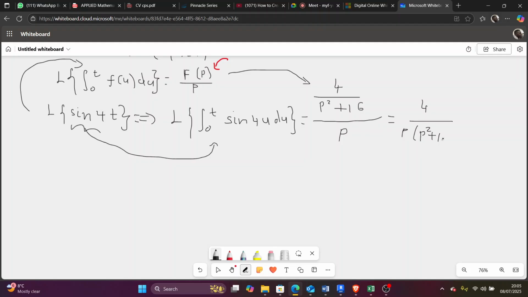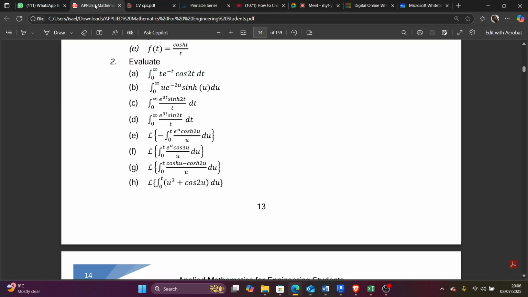Now I'm going to repeat again in my own words. You solve for the Laplace of this function and then you divide it by p. That is what the formula says. Once you do that, you've solved the problem. How do you know that you are dealing with the transform of an integral? Either, like in this case, it will be stated, or it will be given like this.